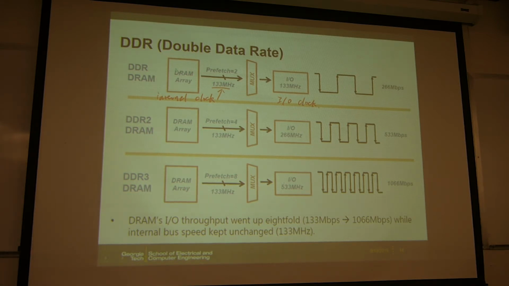But you can have a faster I/O clock. So DDR is the double data rate. That means during the I/O clock, we are going to fetch the data on both the falling and rising edge. So that means you double the data rate.